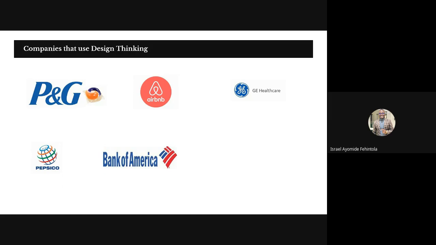Bank of America, through design thinking, realized that people were not saving as much as they wanted them to do. In fact, the saving percentage was quite low. Then they introduced the Keep the Change program.